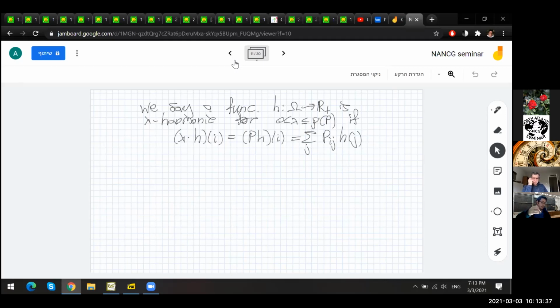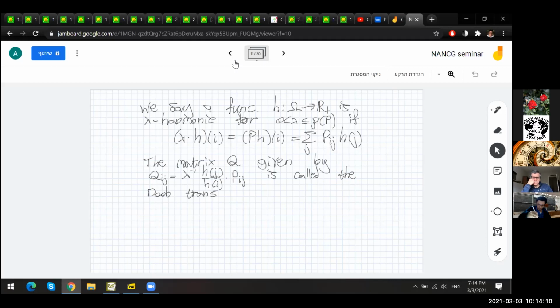Okay, and then the matrix Q given by Q_ij equals lambda inverse h_j over h_i times P_ij is called a Doob transform of P by this lambda harmonic function.